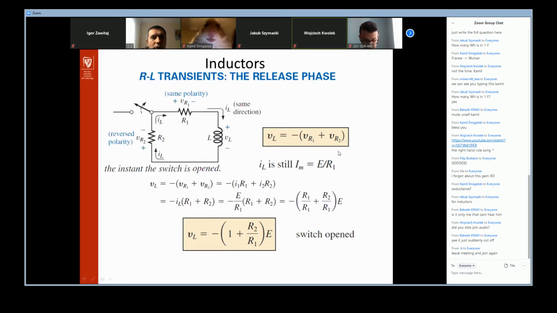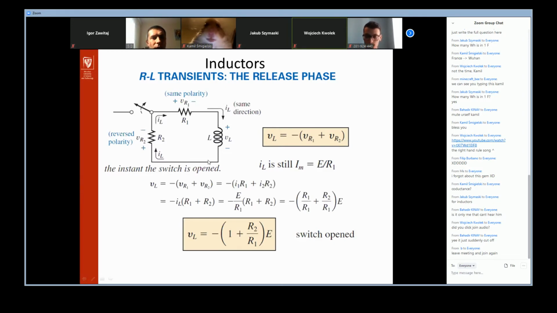So we'll observe, in fact, the changing of polarity by our two resistances. Here we'll have the positive and here we'll have the negative. Why? Because the currents are decreasing.